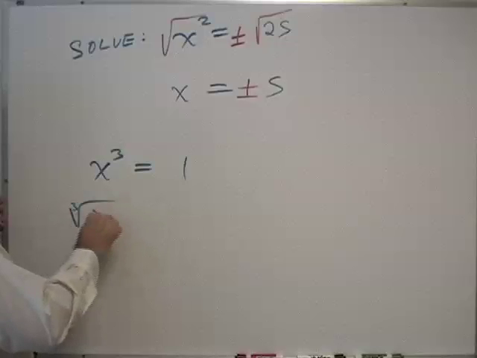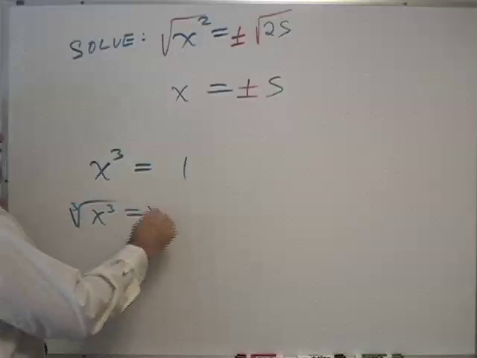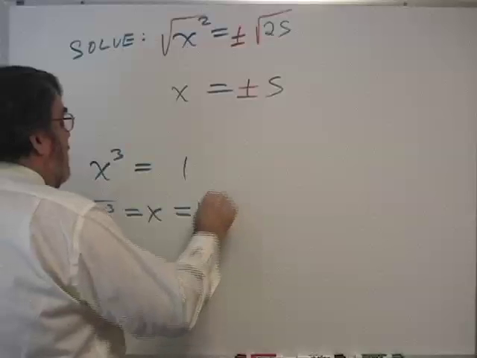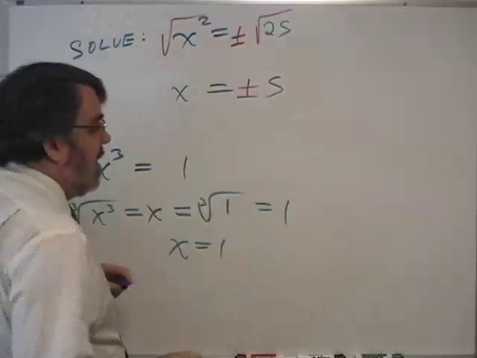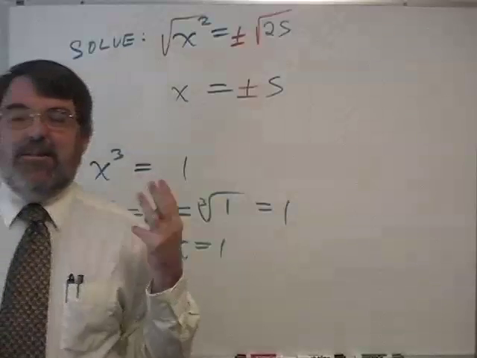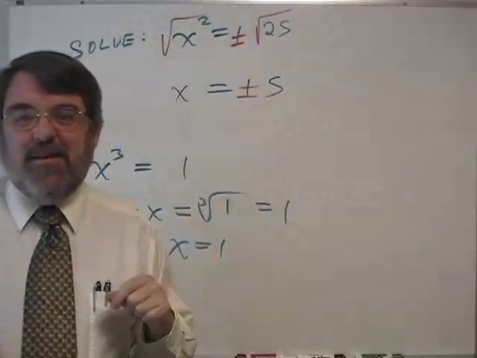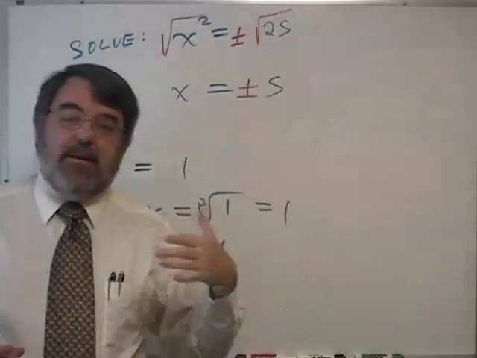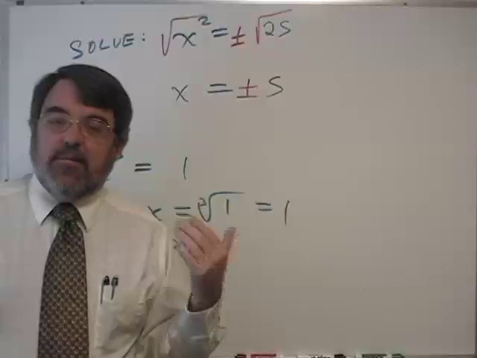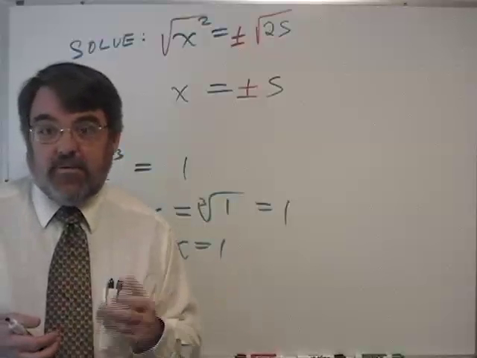So the cube root of x cubed is x is equal to the cube root of 1, which is 1. So there's our answer of 1. Well, actually, there are three answers to this problem. And so if you take a square root and you get two answers, then it may make some sense that when you take the cube root of both sides you might get three answers.